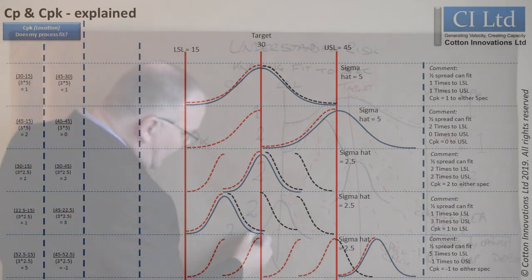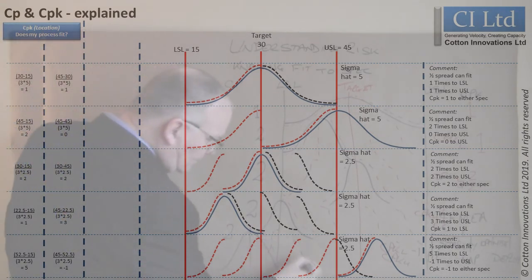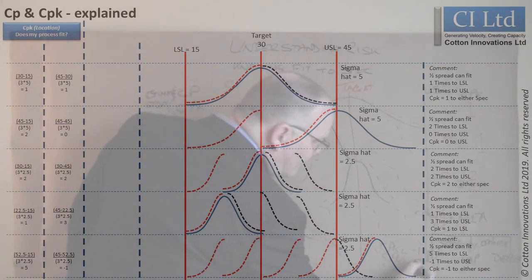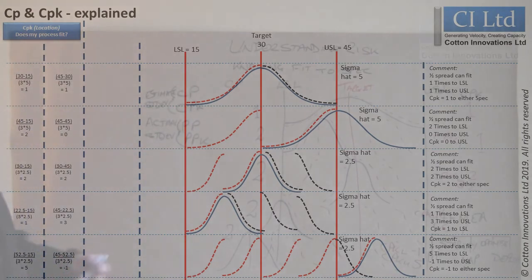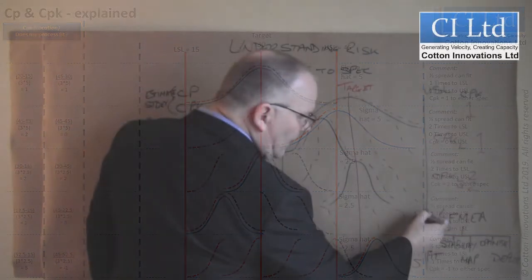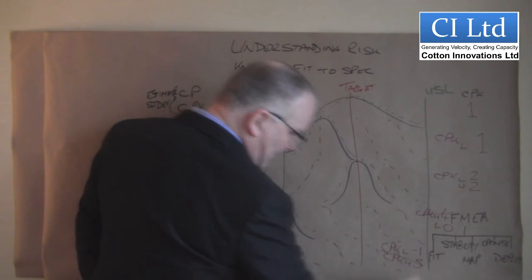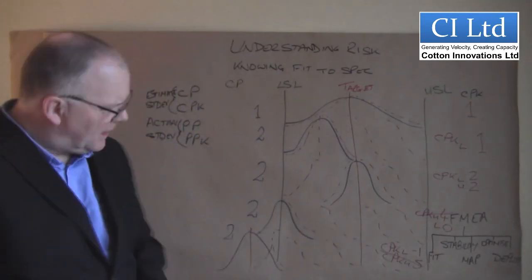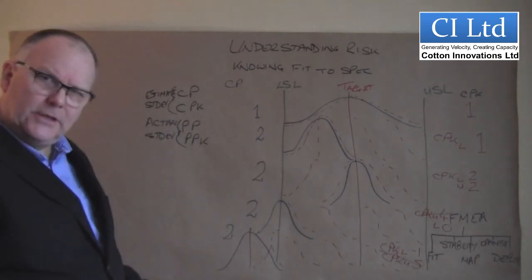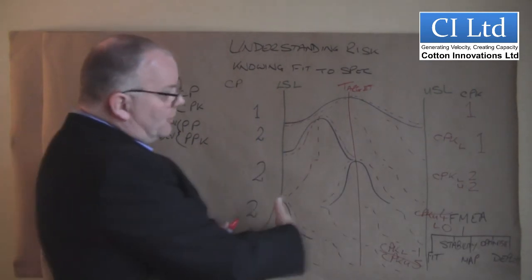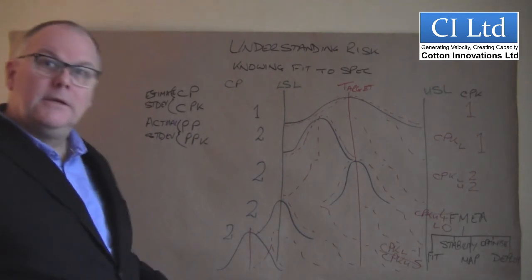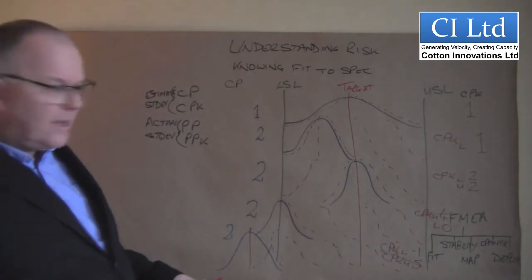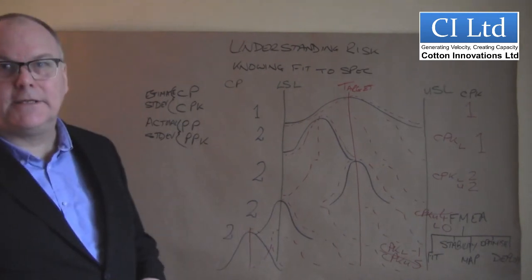And on this side, it's going to fit 1, 2, 3, 4, 5 times. So in all of these, I would ignore the upper and the lower here, and my CPK would be quoted as the lowest value. Now we've drawn the drift always going to the lower spec limit. If the drift was happening to the upper spec limit, we'd be quoting that the upper spec limit is our lowest CPK value, and that's the one we're going to quote against.